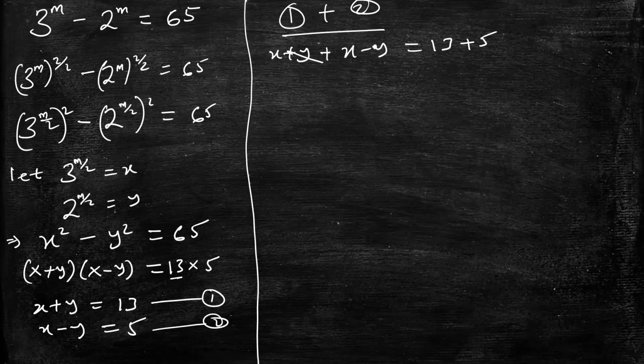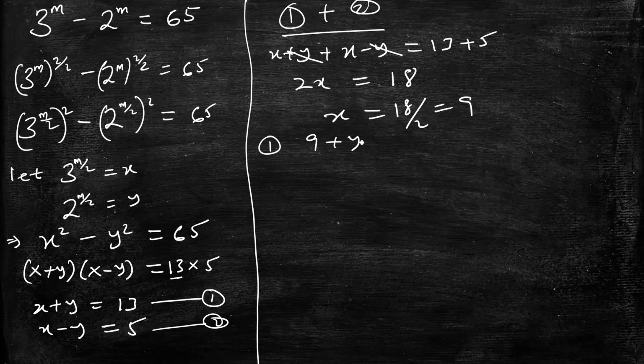So we have 2x equals 18. So divide both sides by 2, x equals 9. Now we can find y using equation 1. So we have 9 plus y equals 13, so y is 13 minus 9. So y is 4.